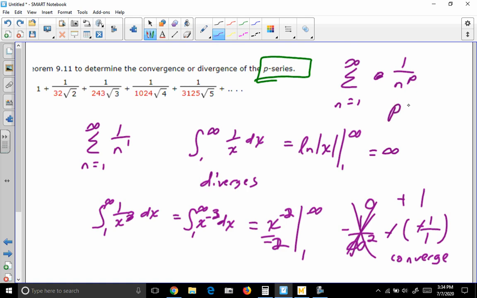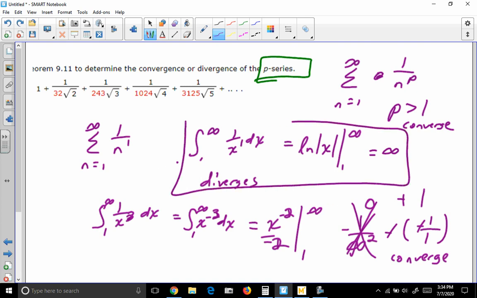So when p is 1, it diverged. But if p is greater than 1, we're going to converge. It could even be 1.1. As long as our power is more than 1, we're going to converge. But if we're 1 or less, notice our power here is 1, then we diverge.